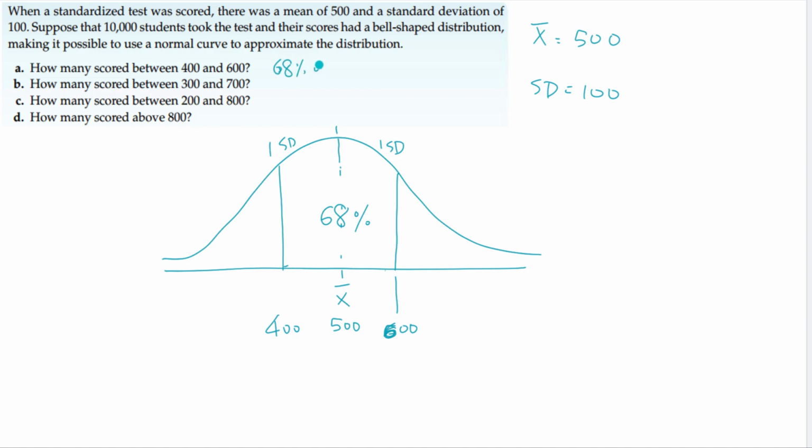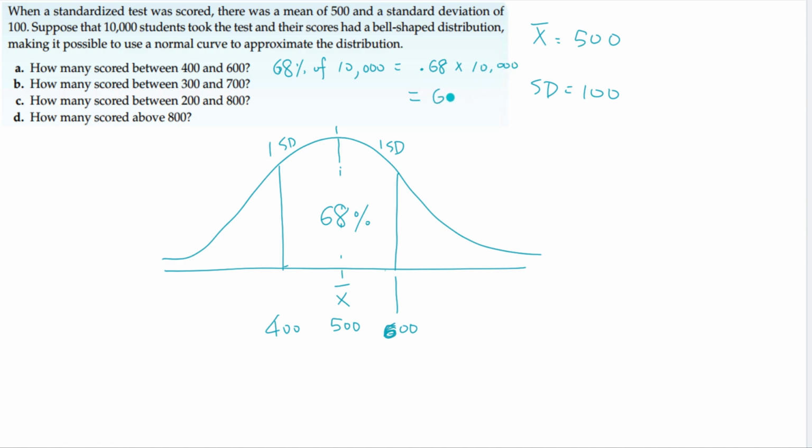68% of the people, total people, is how many scored between 400 and 600. So 68% of how many students in total? 10,000 students. How do we find it? 68% is 0.68 times 10,000, you can just move 2 decimal points, right?